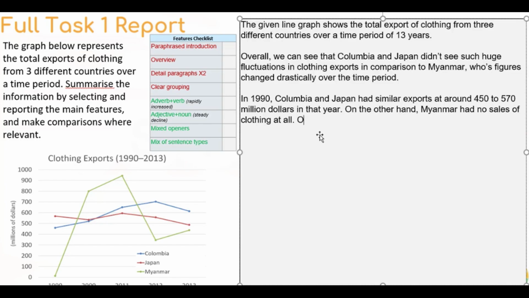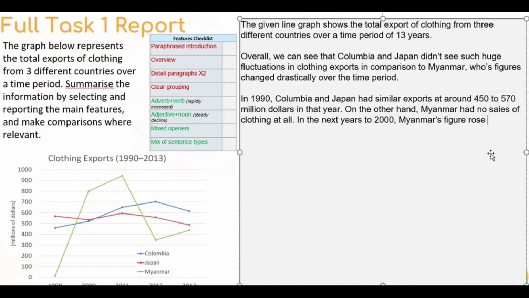In the next 10 years to 2000, Myanmar's figure rose. Apologies for my writing there.